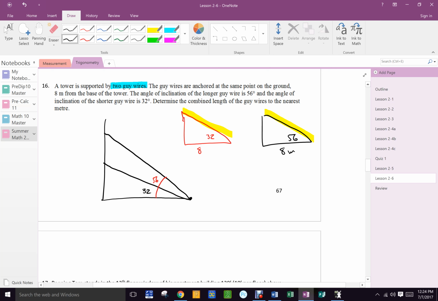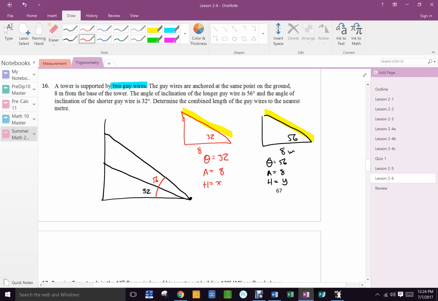So this guy, I want to work that guy in red. This guy, I have theta of 32, adjacent of 8, and I need a hypotenuse. So what do I got to use? Sine, cos, or tan? Cos. Over here, same thing. Theta of 56, adjacent of 8, and hypotenuse of, I don't know.